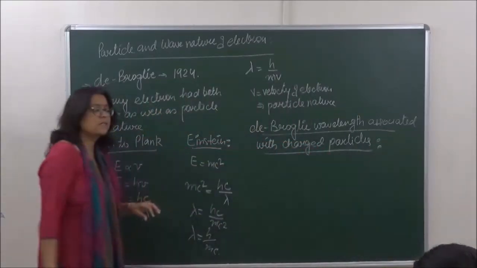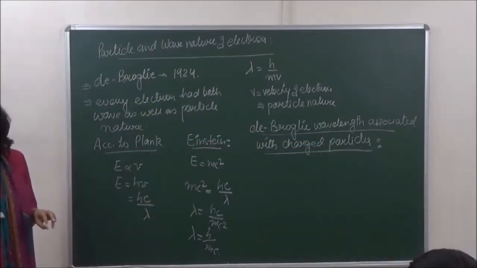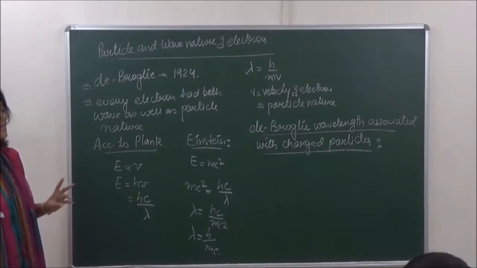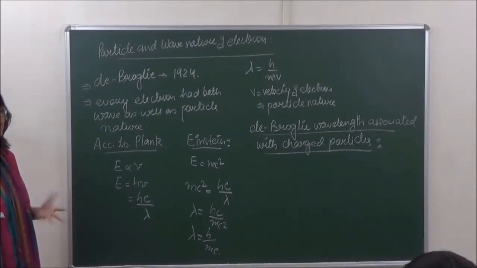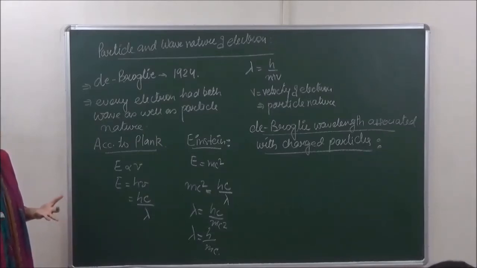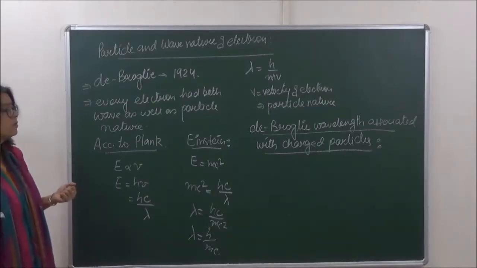What are the charged particles which are present in any atom? Electron is charged, right? Then proton is also charged. Then we have another kind of particle, the alpha particle, that is also charged. So how do we calculate the wavelength of these?